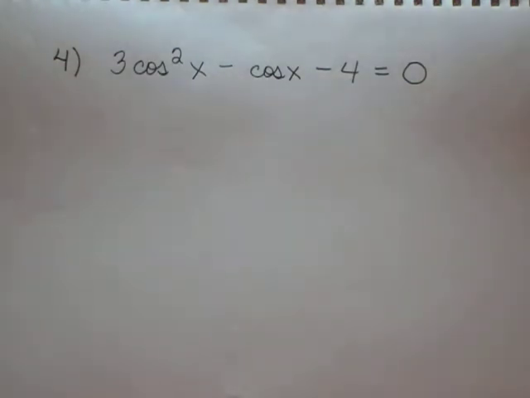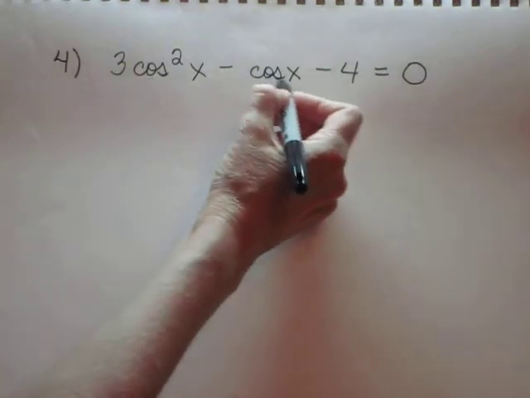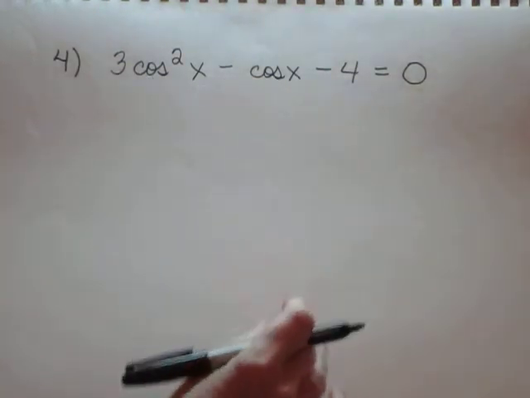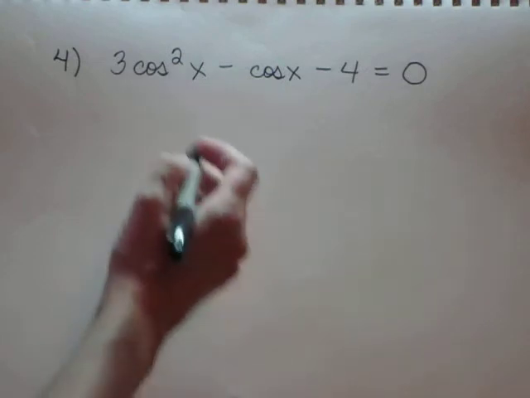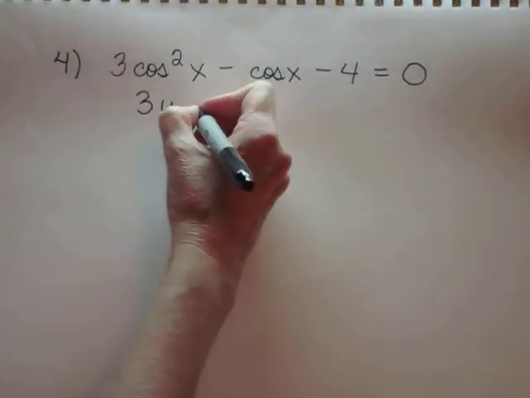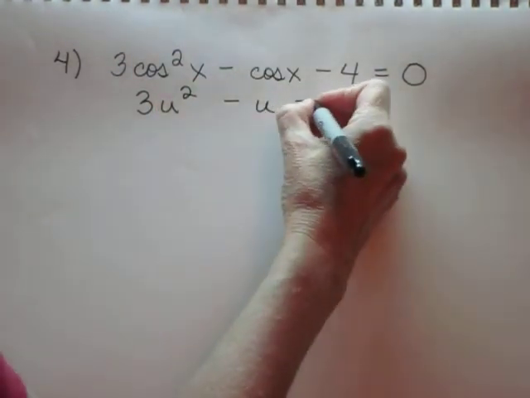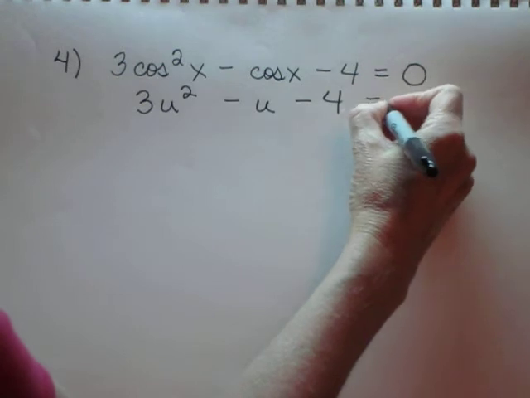I'm hoping that I can factor this and solve it that way. It's already set to 0. If you like, you can replace cosine of x with that u if you think it makes it look a little simpler for you. So I can rewrite this as 3u squared minus u minus 4 is equal to 0.